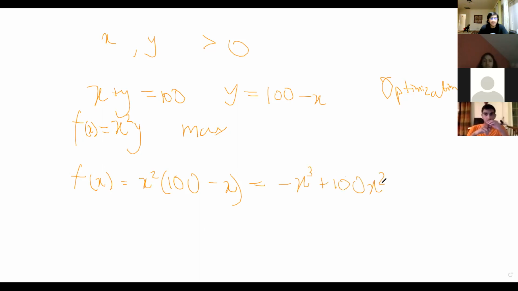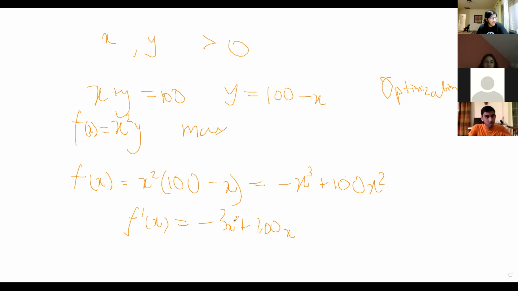Now, using calculus, we can take df dx, or f prime of x. Let's use that notation. F prime of x we know is negative 3x squared plus 200x, correct? This is you finding your relative extrema, because now it's a matter of finding wherever the maximum and minimum is.